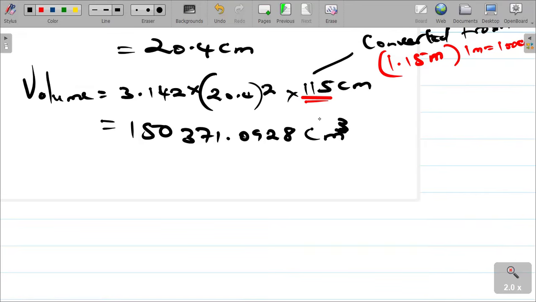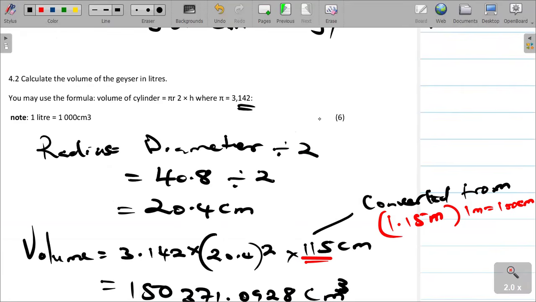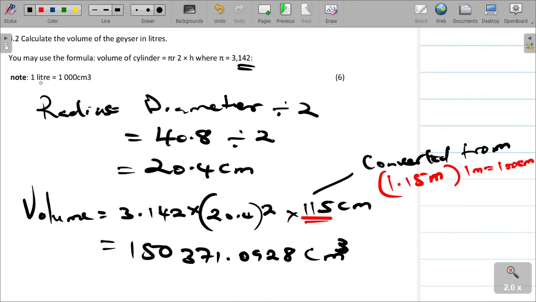And then we are saying calculate the volume in liters. But we are given that 1 liter is equal to 1,000 cubic centimeters.